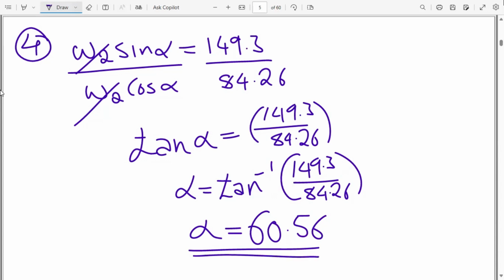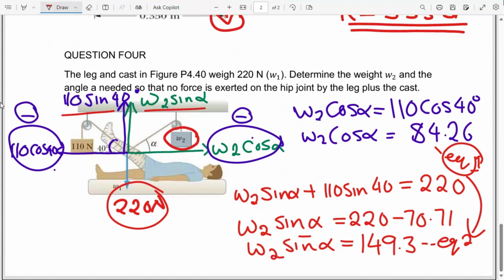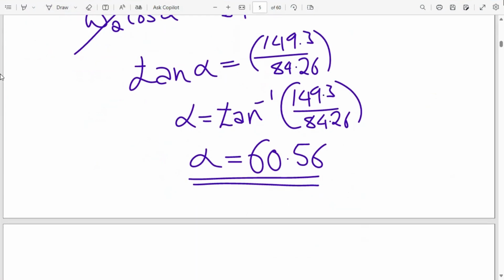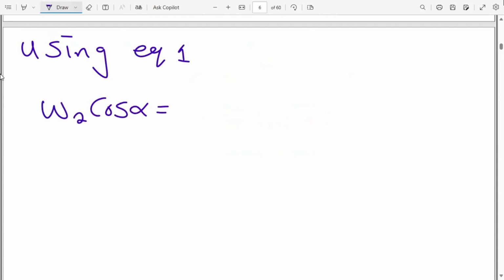Now that we've calculated alpha, we can find our W2 using the expressions that we had on the previous page. Let me just go back a bit. We have these expressions, so I can use this to calculate the value of W2. Using equation 1, we have W2 cos alpha being equal to 110 cos 40.